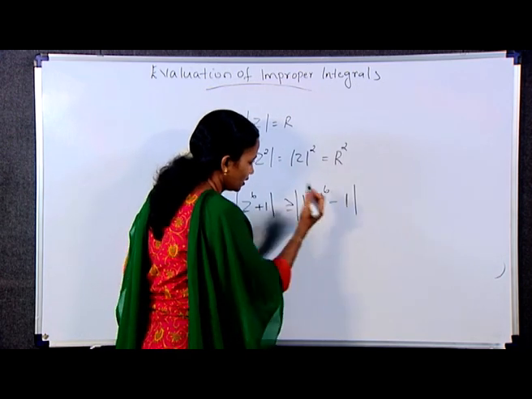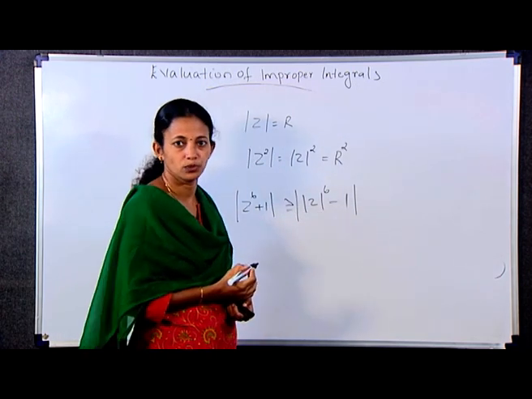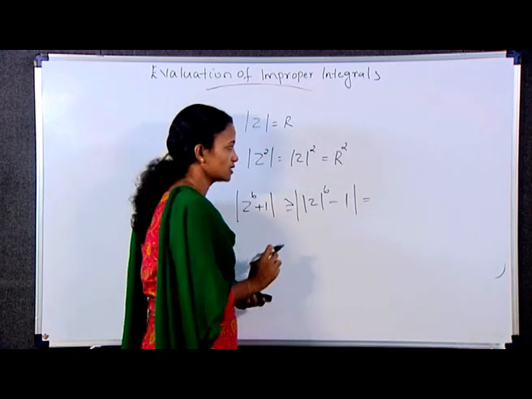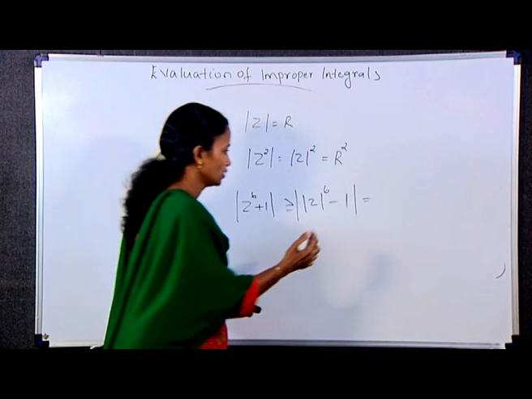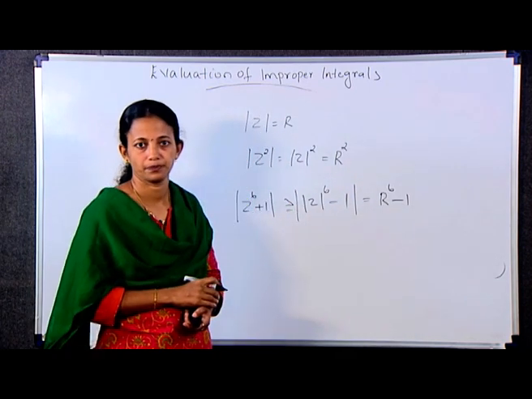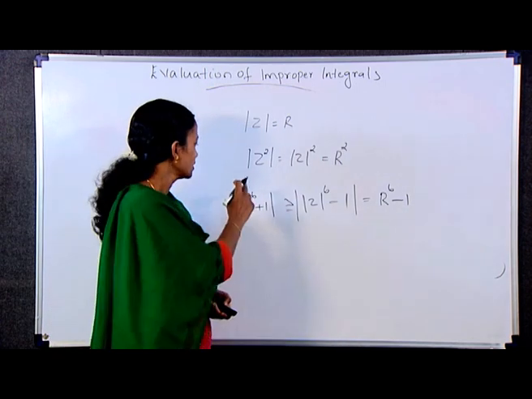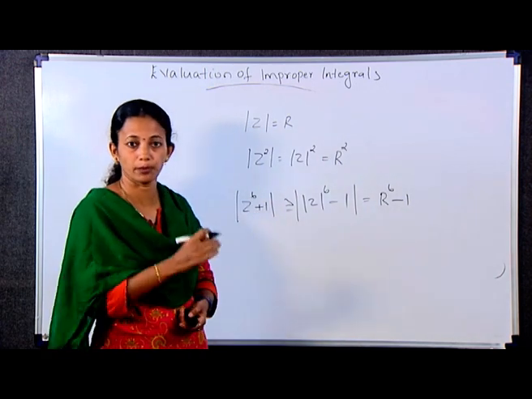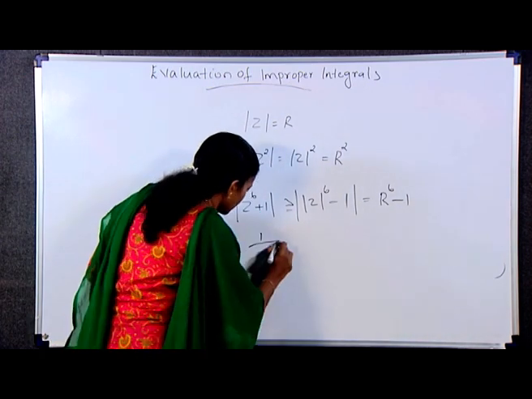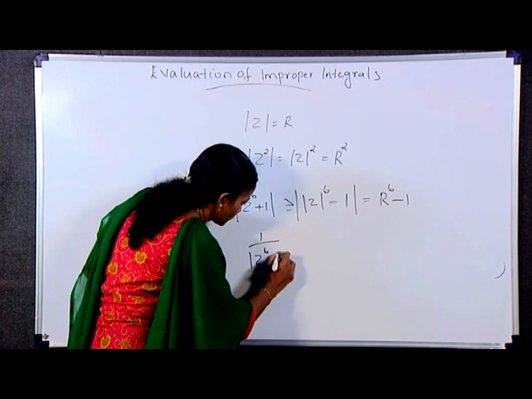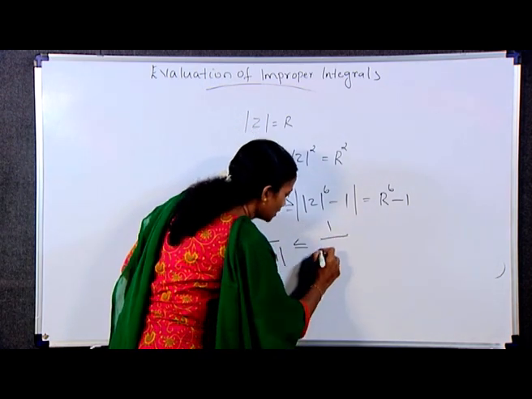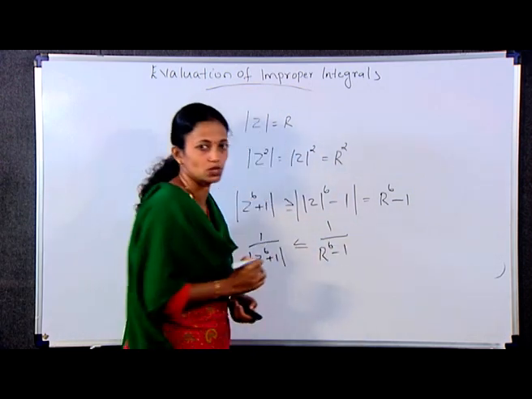Again, mod z raised to 6 is r raised to 6. So I can write it as r raised to 6 minus 1, or 1 by modulus of z raised to 6 plus 1 is less than or equal to 1 by r raised to 6 minus 1.